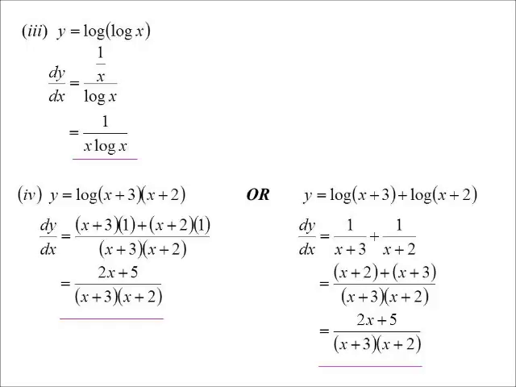But if all I'm doing is trying to find the value of the derivative, I want to see, is the curve increasing, is it decreasing, then 1 on x plus 3 plus 1 on x plus 2 is good enough to do that. So in that case, that's probably a quicker way of getting to my final answer. So it all depends what I'm going to use the derivative for, whether I split it up first or leave it.